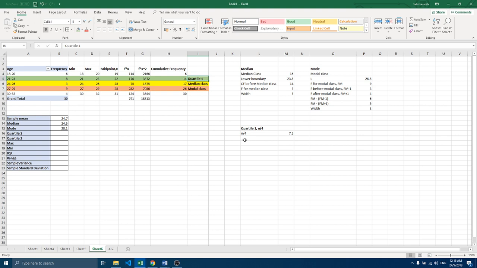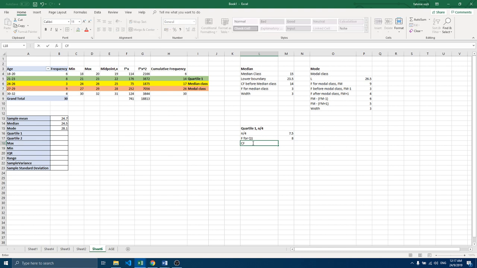Okay. So next you have to find the frequency for quartile 1, Q1, which is frequency for quartile 1, it's 8. And next you have to find the cumulative frequency.